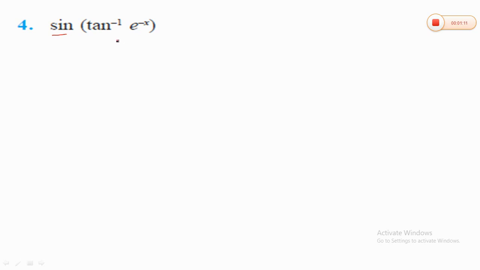So after tan inverse we come across e raised to minus x. Observe here, this exponential has a negative sign, so therefore again differentiate minus x here. So that is, first differentiate sine.